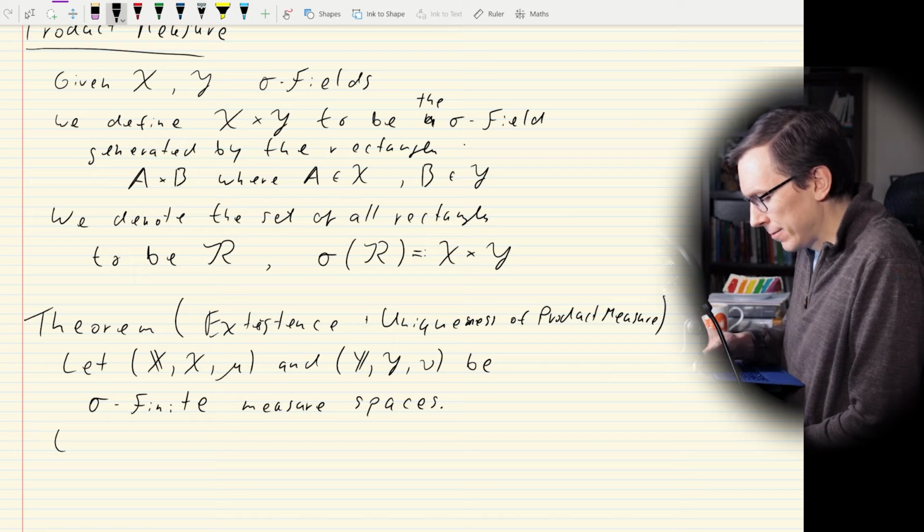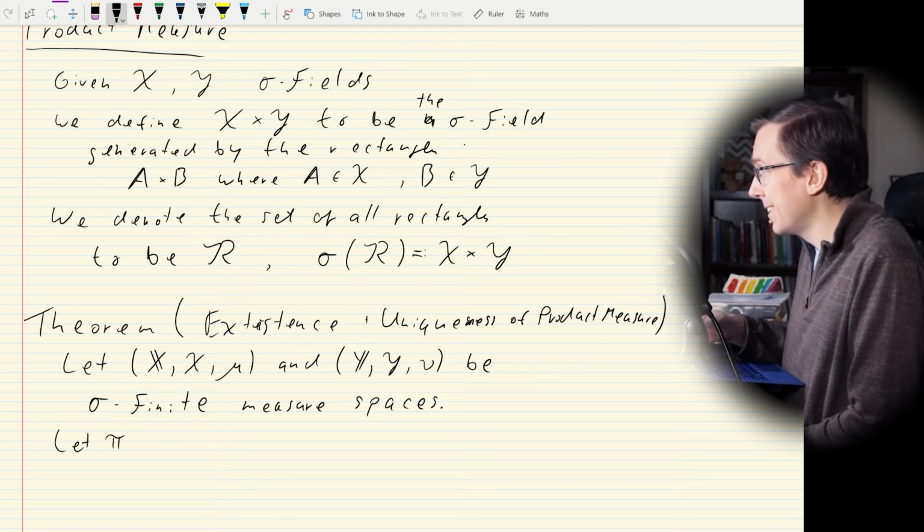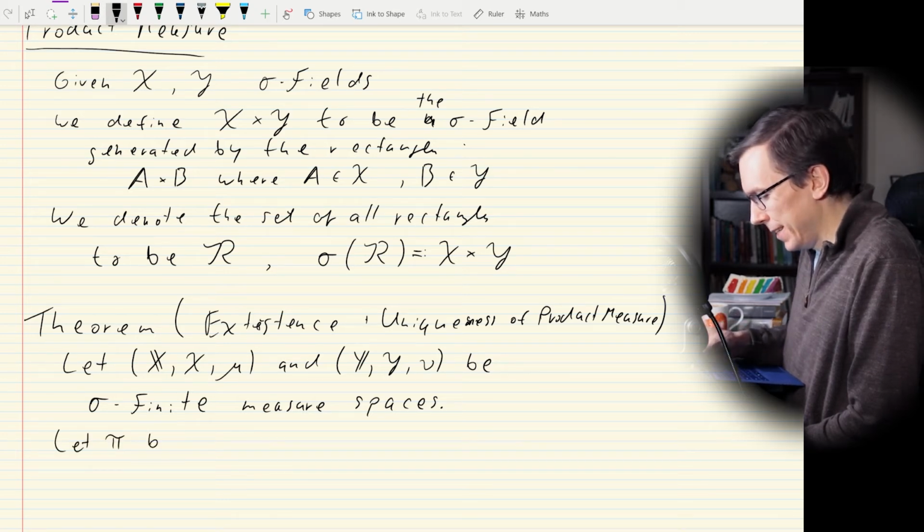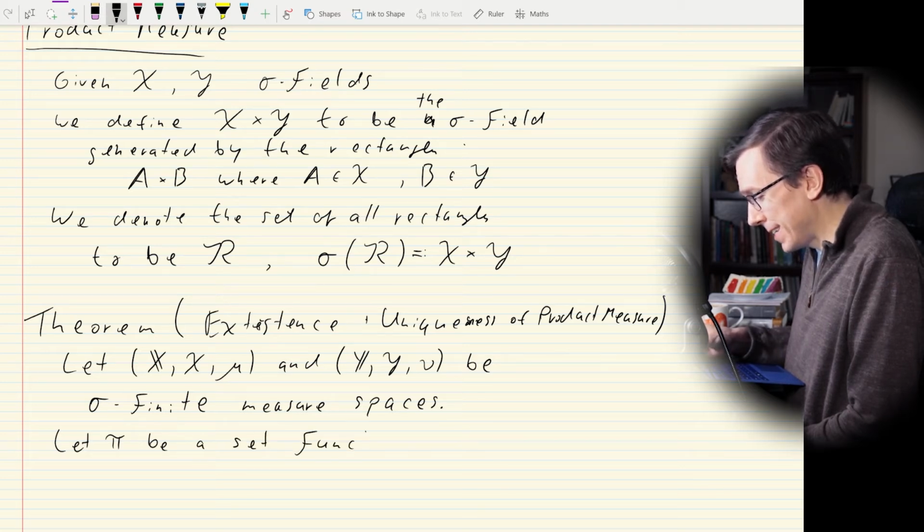Now, let pi be a set function. It's going to be a measure, but it's not a measure yet.